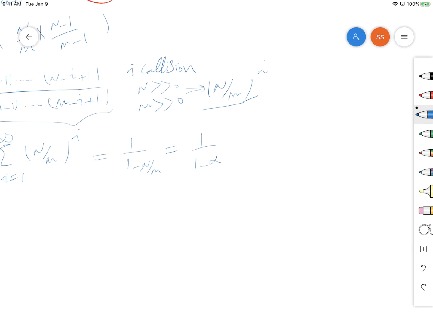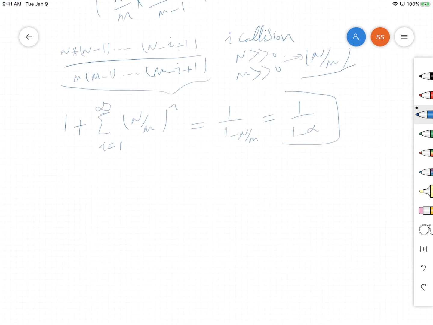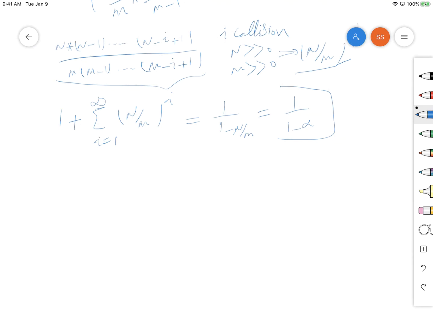To find the average cost, we need to consider the previous values of alpha and sum them all. So for the average, we need 1 divided by alpha, times the integral from 0 to alpha of 1 divided by 1 minus x dx, that is equal to 1 divided by alpha times the natural logarithm of 1 divided by 1 minus alpha.